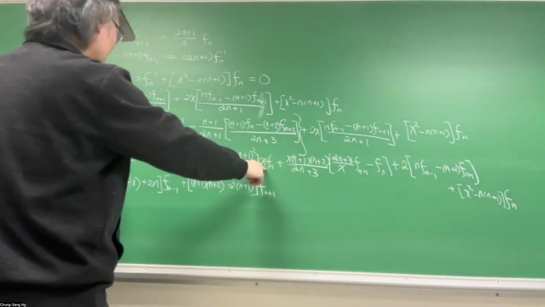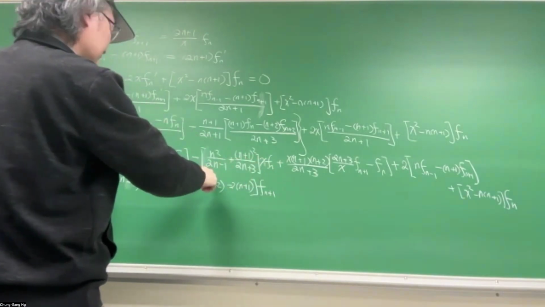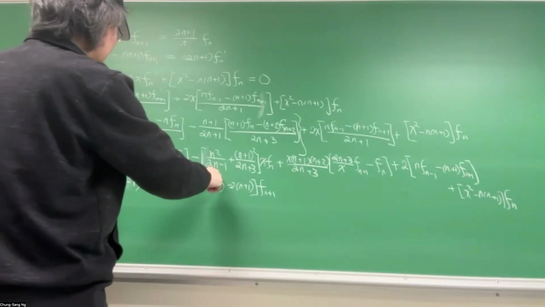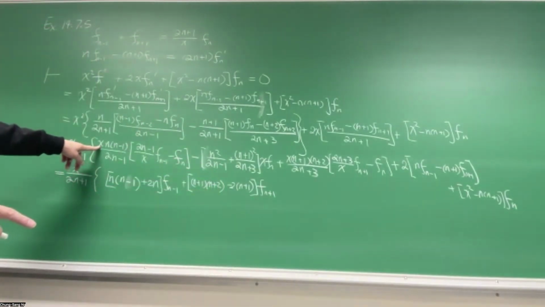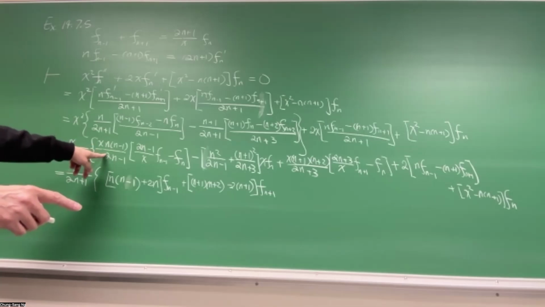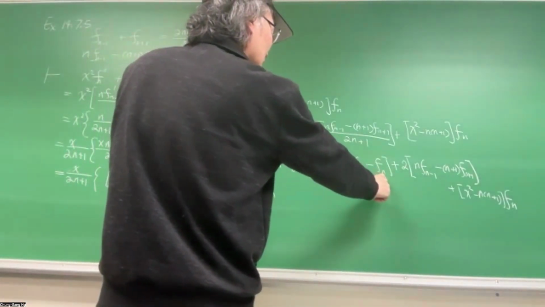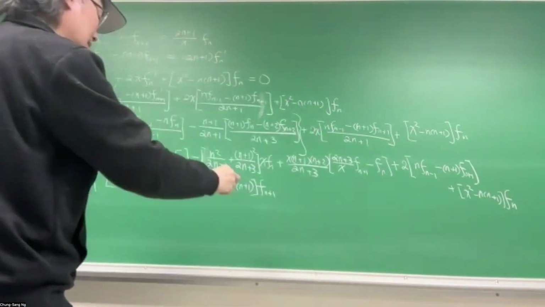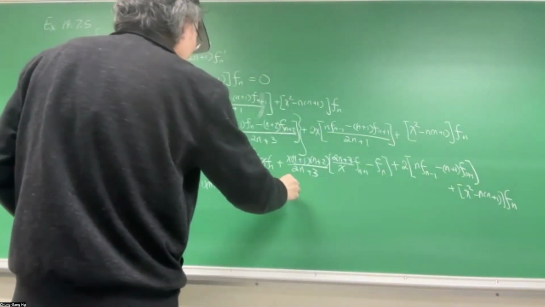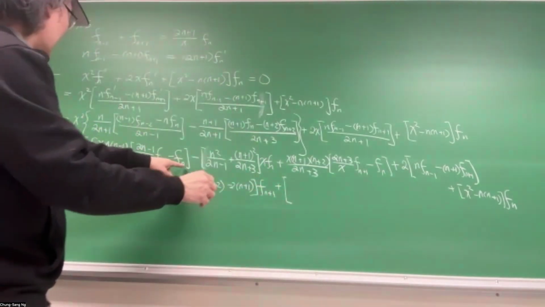There's an x here, xfn, and then this term is fn, this term is fn. But now we need to combine the two, so actually it's xfn coming out.